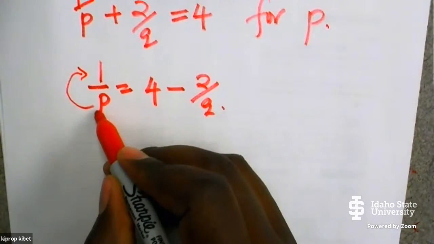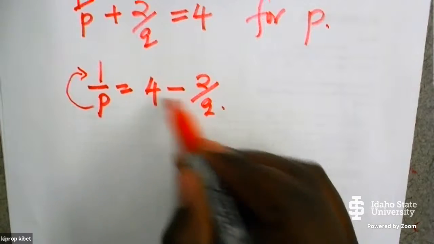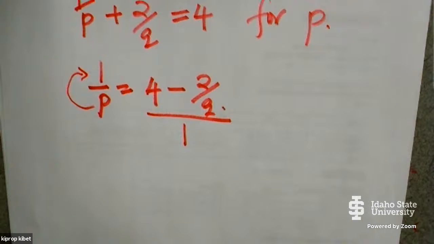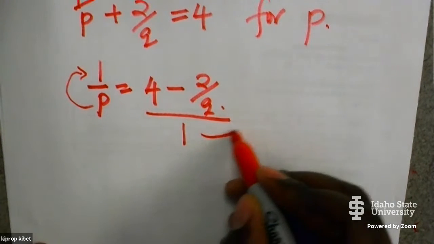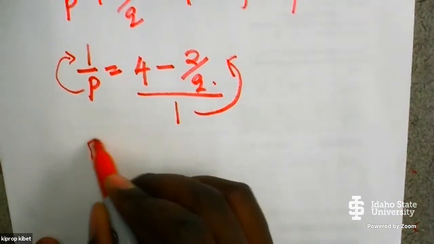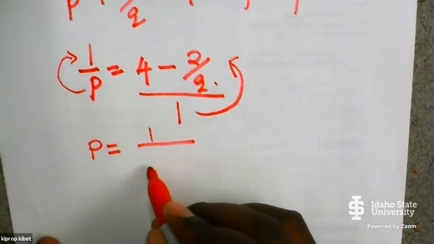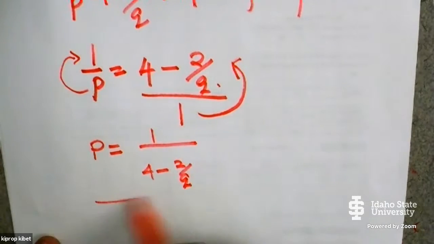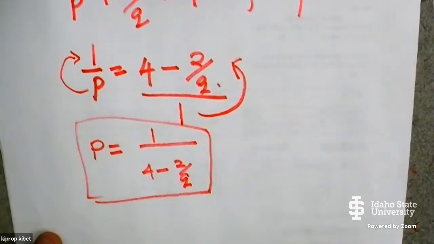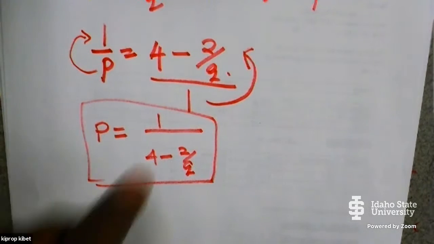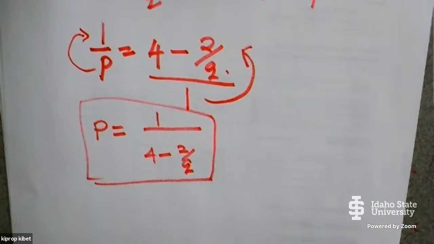What you do on this side, you also do on the other side, because 4 minus 2 over q is similar to 4 minus 2 all over q, all over 1. So you just switch, and finally you get p equals 1 all over 4 minus 2 all over q. This is still acceptable in Newton if you find a question like this.